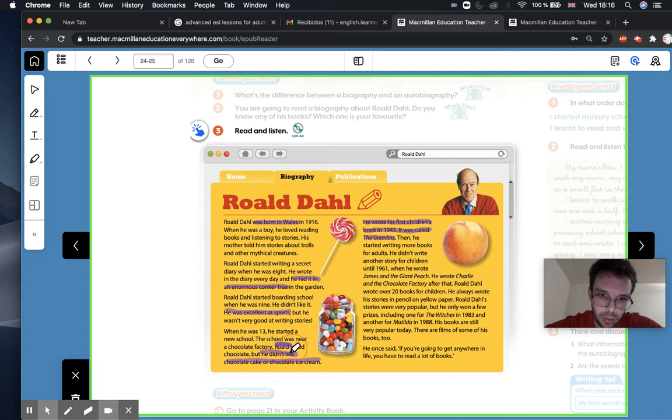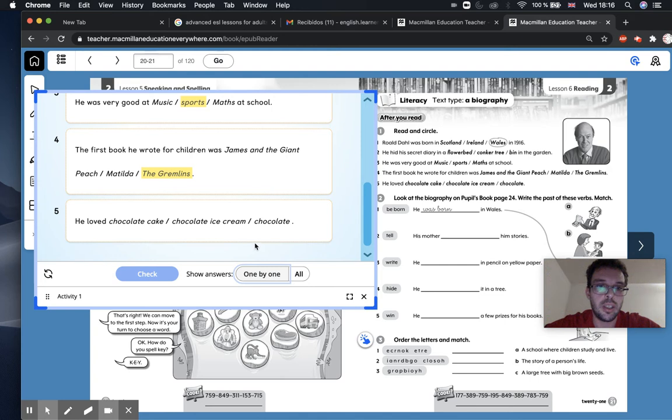And here it says, Roald loved chocolate, but he didn't like chocolate cake or chocolate ice cream. So the answer, chocolate. Very good.